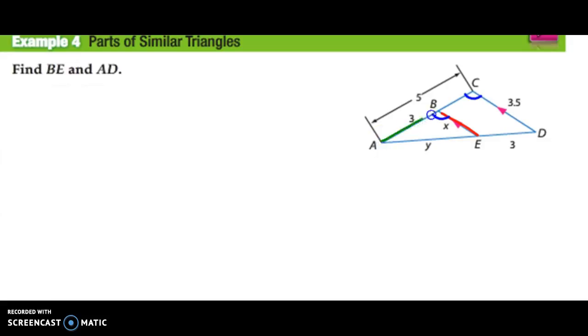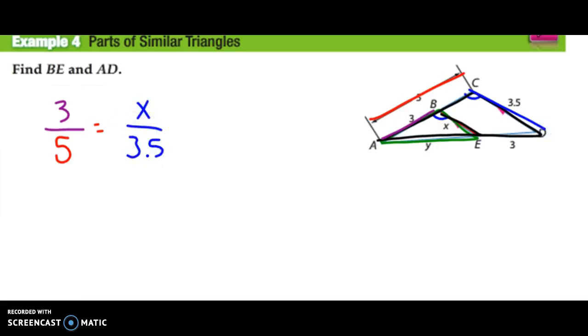So we can see this triangle right here, and then we have the big triangle right here. So let's set up our proportion. I'm going to say 3 over the whole thing of 5 has to be proportional to x over 3.5.